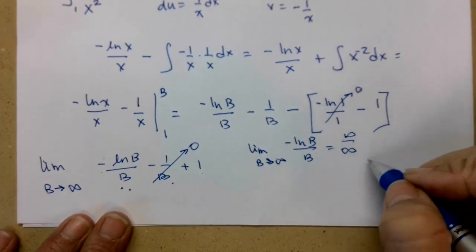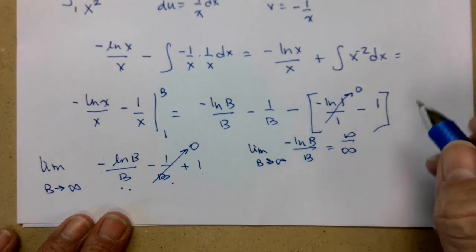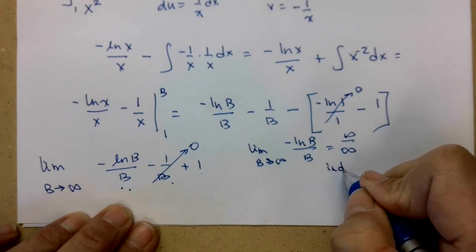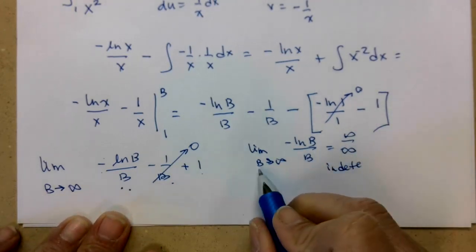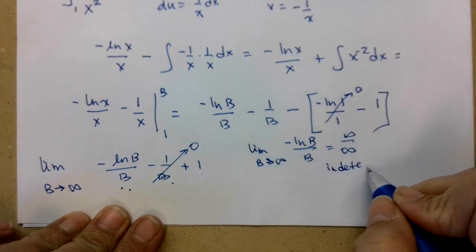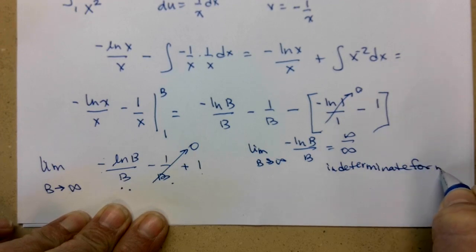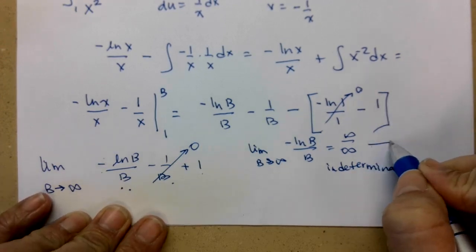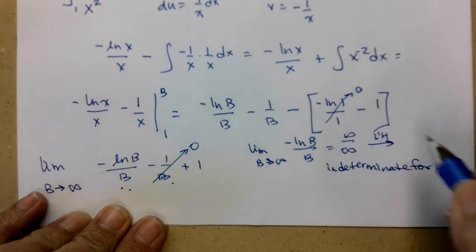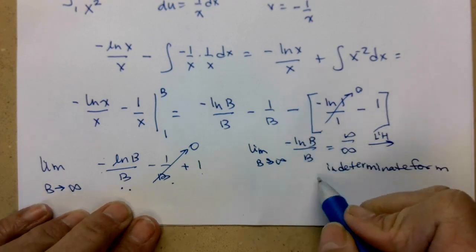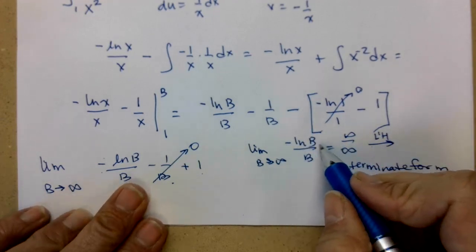So what happens? What do we call this special form? Right? This is our indeterminate form. Works with limits, which we're doing, indeterminate form. So that means we can L'Hopital, right? So we'll take the derivative of the top, the derivative of the bottom, and then take those limits.